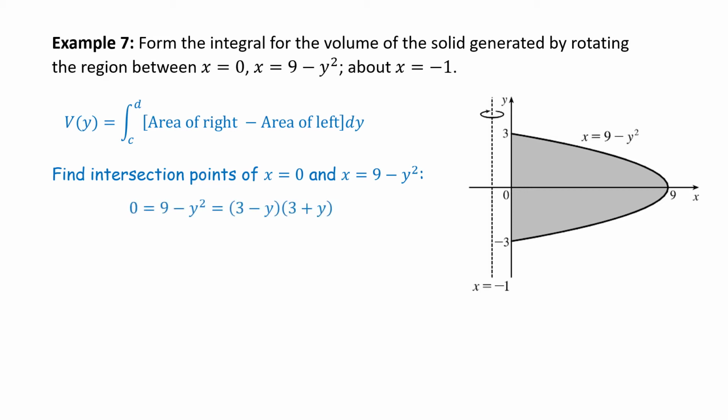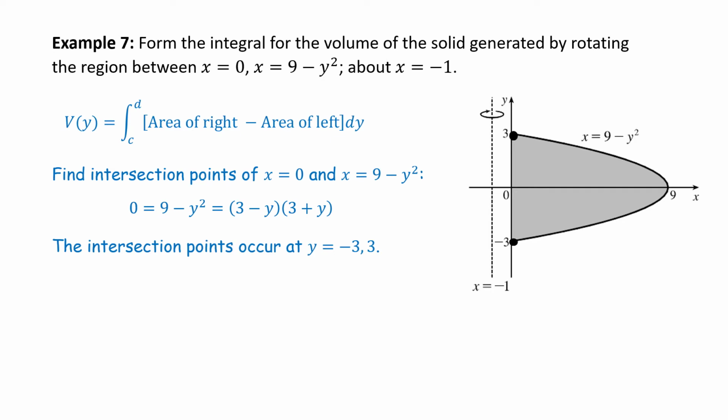Set those two equal to each other: 0 equals 9 minus y squared, and that factors to the quantity 3 minus y times the quantity 3 plus y. The points of intersection occur at y equals -3 and 3.